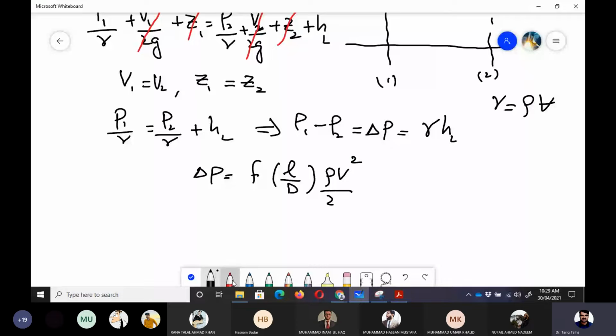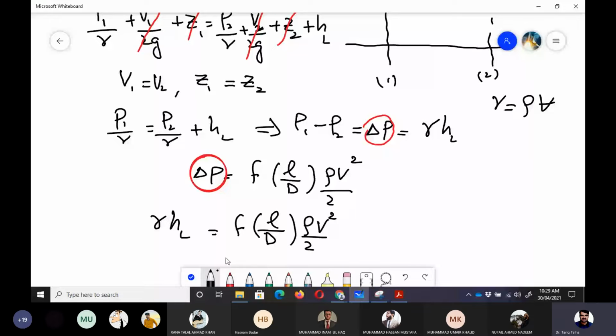Now this delta P and this delta P are equal, so we can say that gamma HL is equal to FL upon D, rho V square upon 2. Gamma is rho G, because rho into volume is mass, so it is rho G, the specific weight.